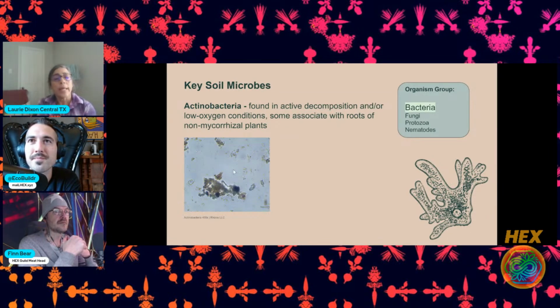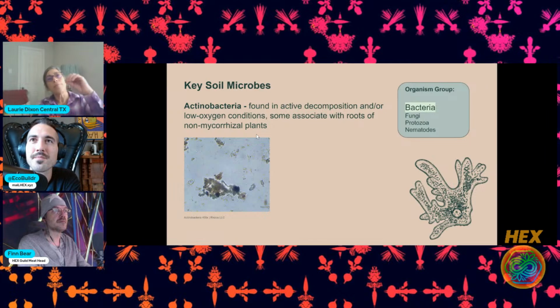We look at actinobacteria, which are strands. They used to be called actinomycetes because they look like fungi. They're long strands, but they were reclassified into their own category, actinobacteria. Actinobacteria are everywhere.